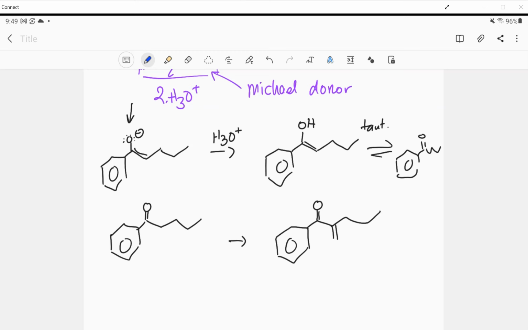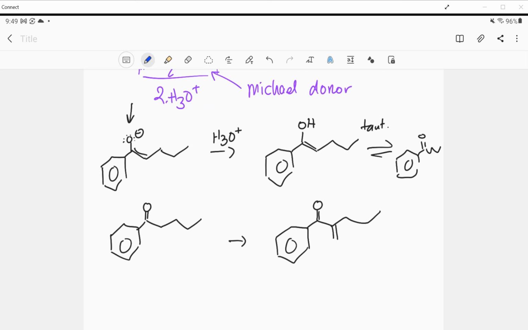I'll give you a hint, we did this one already in our synthesis of this molecule. You add enolate with heat.